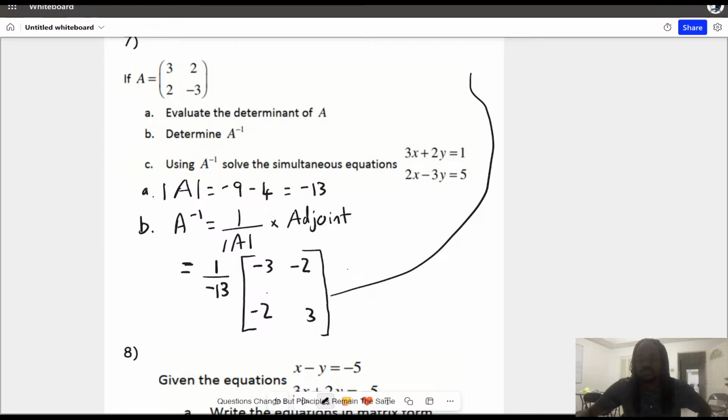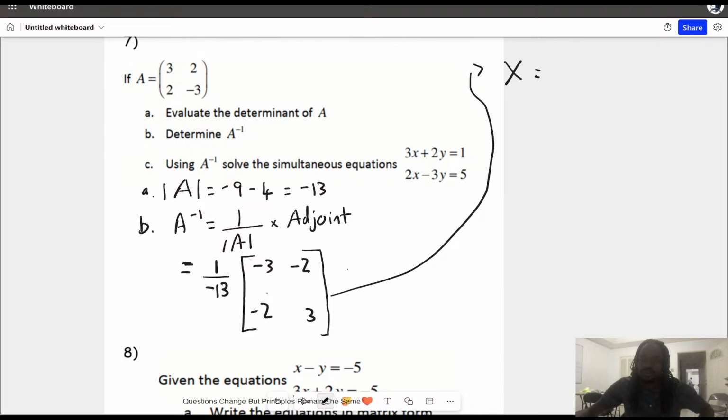Remember I gave you the formula that we will use. Once we find the determinant and the adjoint, if they are asking us something about the inverse, you combine them together. And if they want you to solve a simultaneous equation, you have to utilize your inverse as well.